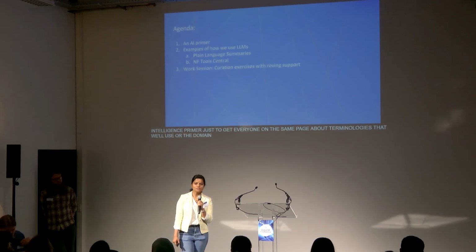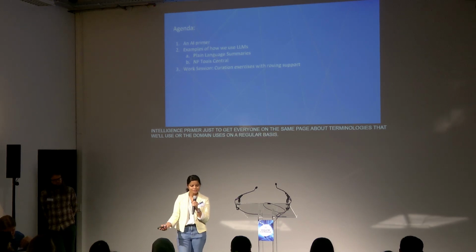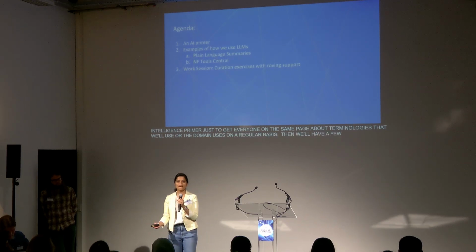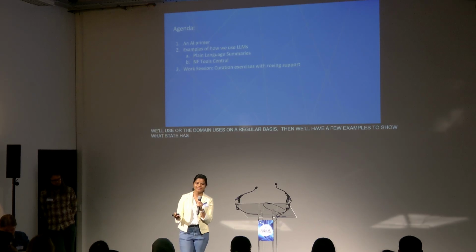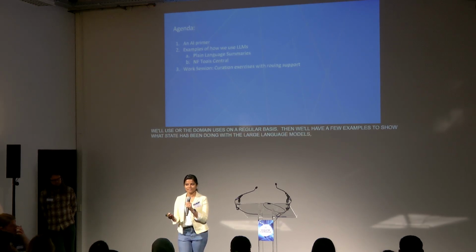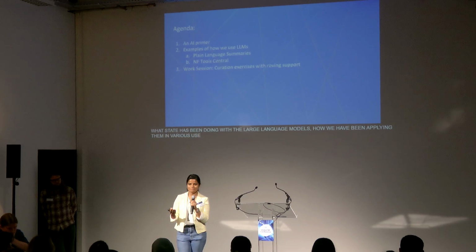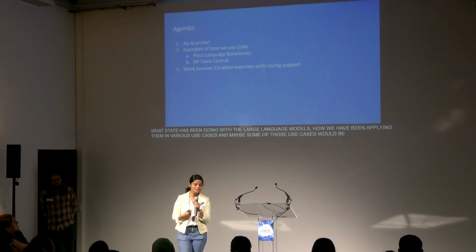Then we'll have a few examples to show what Sage has been doing with the large language models, how we have been applying them in various use cases. And maybe some of those use cases would be interesting and useful to you as well for your own applications.